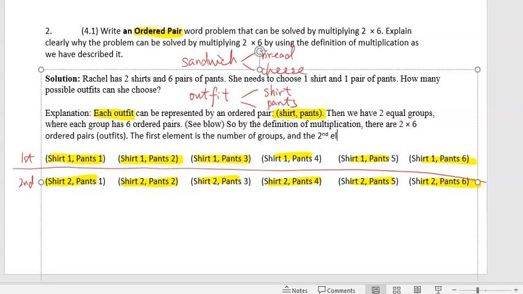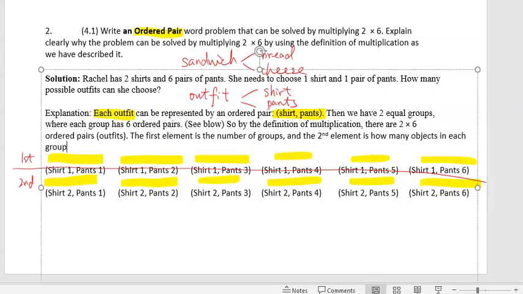And the second element is how many objects are in each group, because we have 6 in each group, and 6 is exactly the number of pants. So that is the definition of multiplication. So the total number of ordered pairs is 2 times 6. Okay, so that's the second type, the ordered pair type. Make sure that when you come up with an ordered pair problem, it has to be a combination of 2 things.